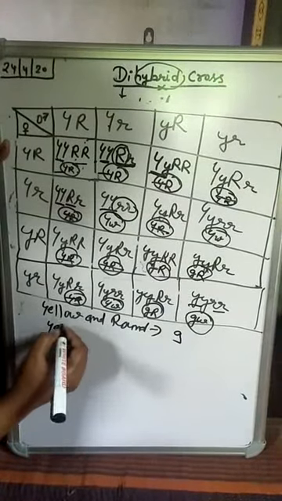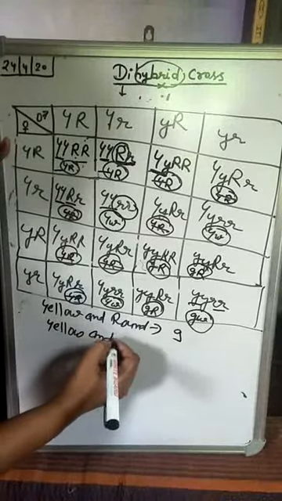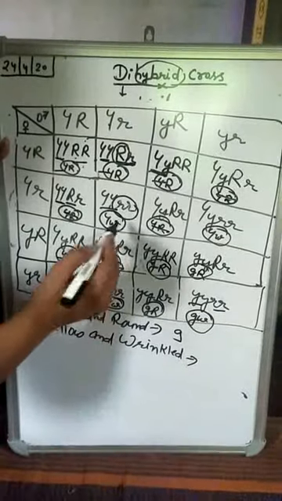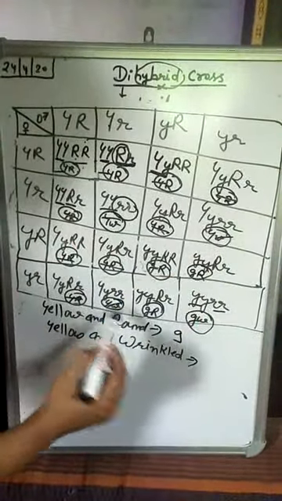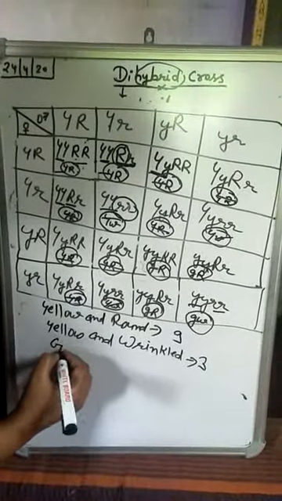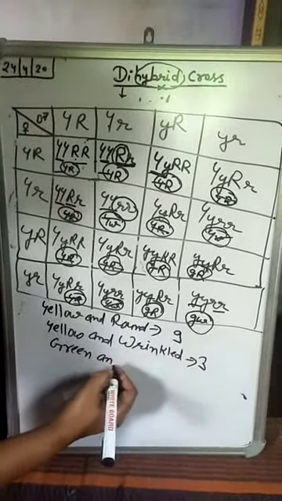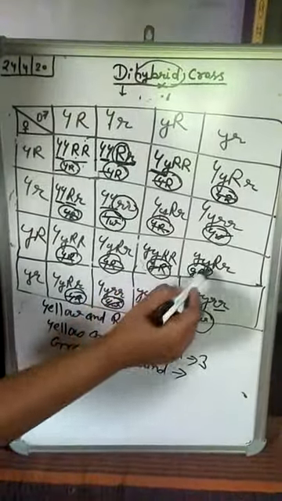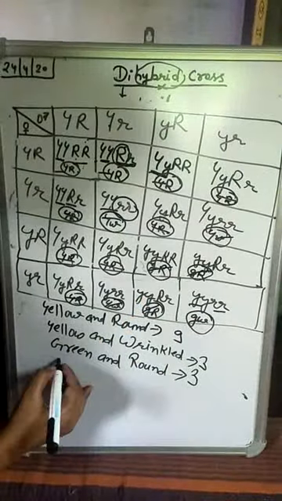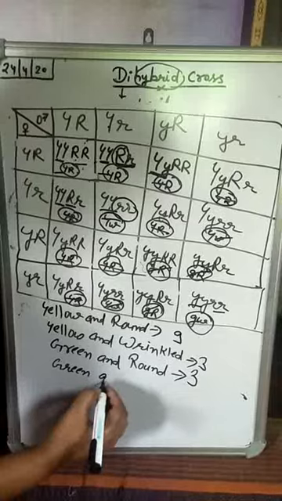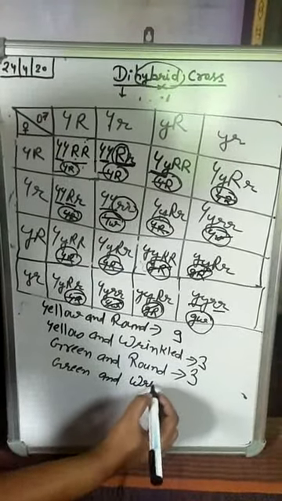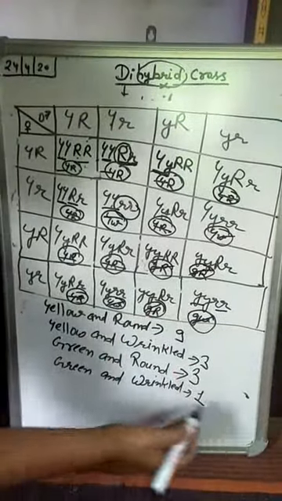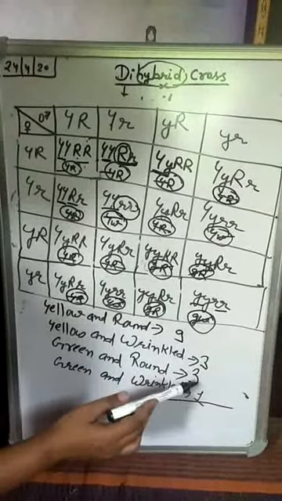Second, yellow and wrinkled, 1, 2 and 3. Third is green and round, 1, 2, 3. And the last, green and wrinkled, 1. This one. So here you may see the total is 9 plus 3 plus 3 plus 1, total 16.